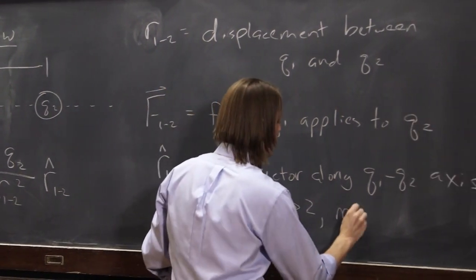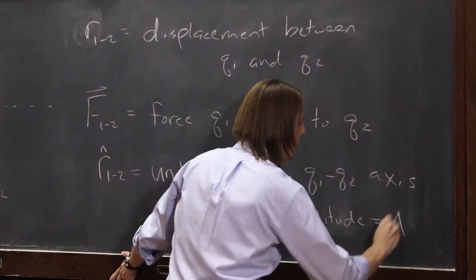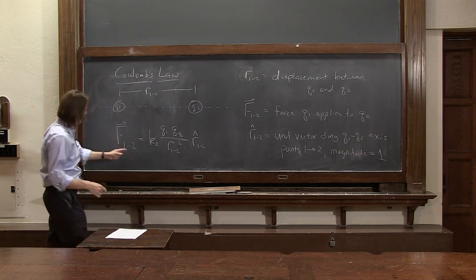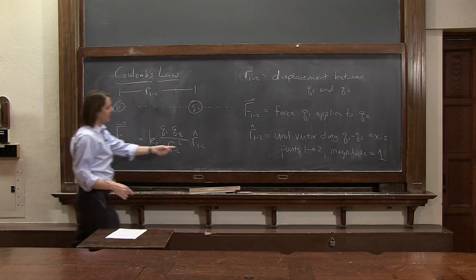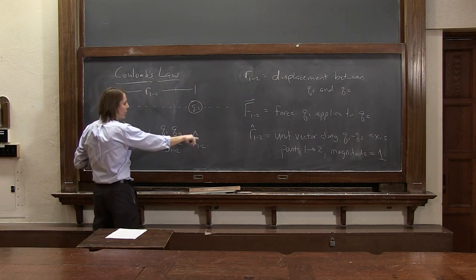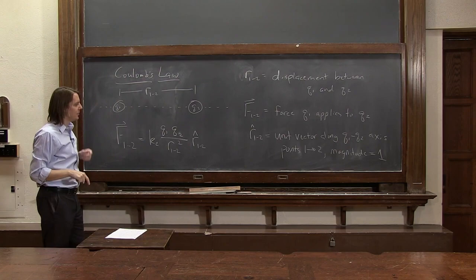And its magnitude is equal to 1. So this notation is also important for the unit vector because it tells you which way the unit vector goes. Well, if it's labeled R hat 12, it points that way. Okay? And its magnitude is 1.